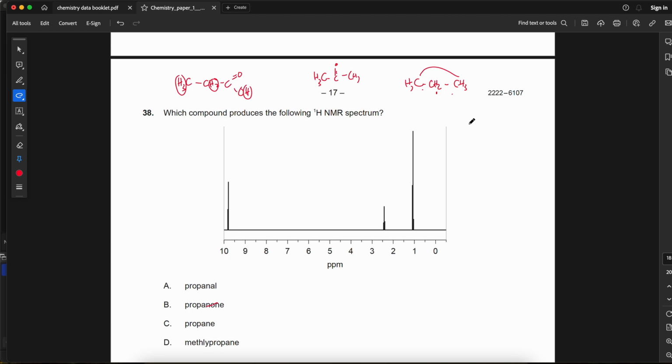And for D, methylpropane, so C and then H, CH3, CH3, and there's CH3 as well. So this will be 2. So the answer is propanol.